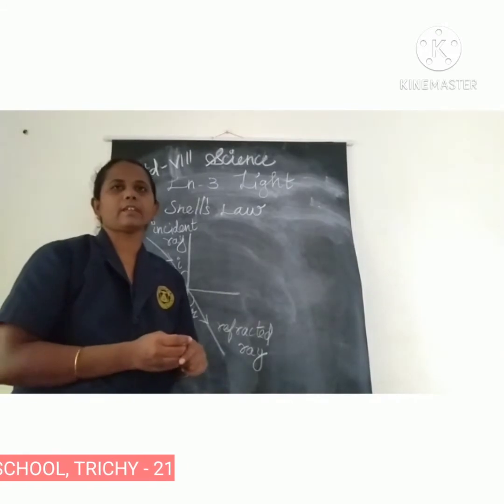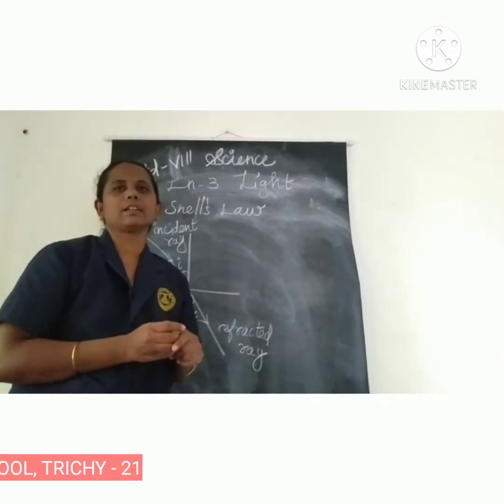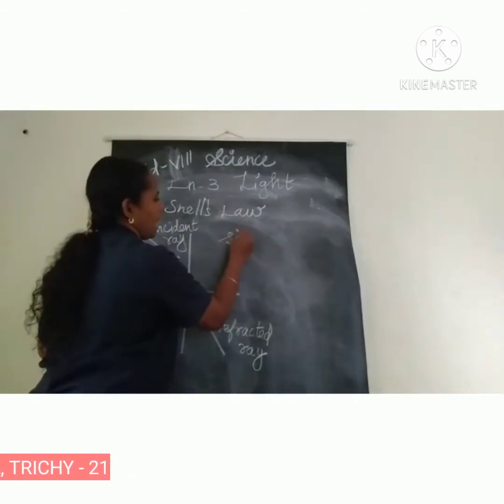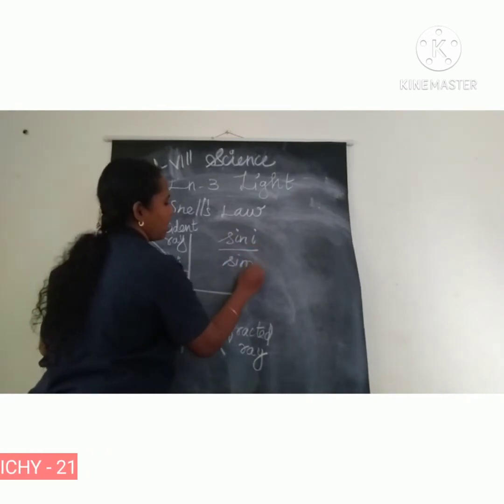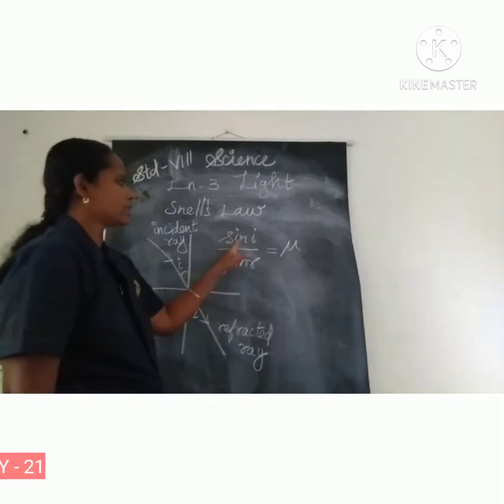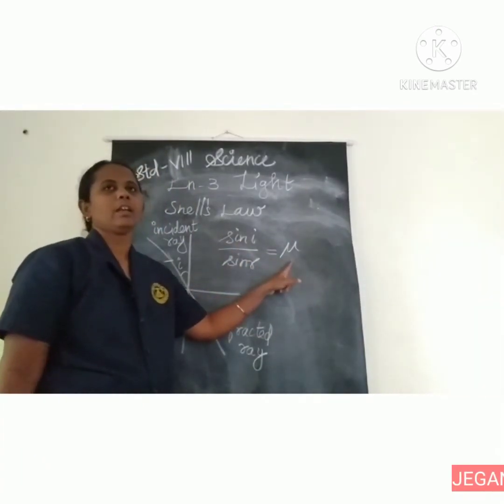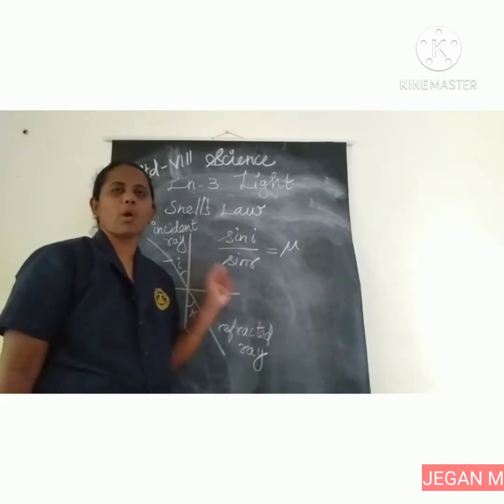In refraction, Snell's law is given as sin I by sin R, which is equal to mu. Sin I by sin R is equal to mu. Snell's law has two points given.